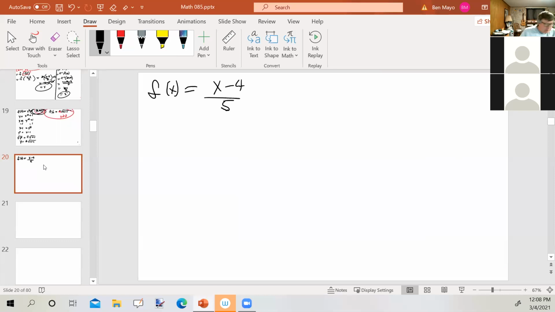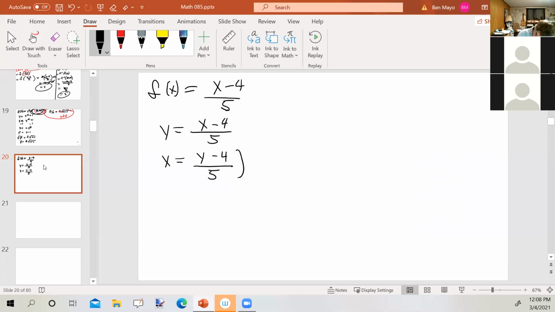Step number 1, replace f of x with y. Step number 2, interchange x and y. Step number 3, solve for y.